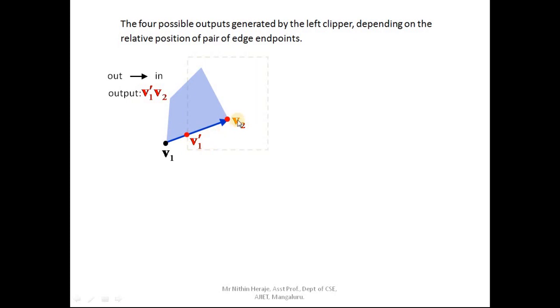You have to list both the points V1 dash and V2. This is the out to in case. Next is the in to in case. V1 to V2, and you should send the output as V2. Both are inside and the output should be the second point.